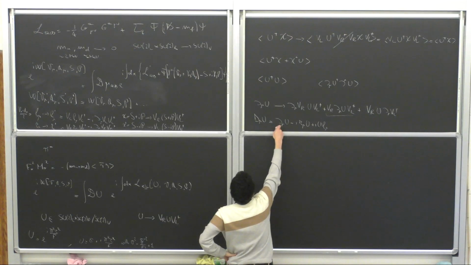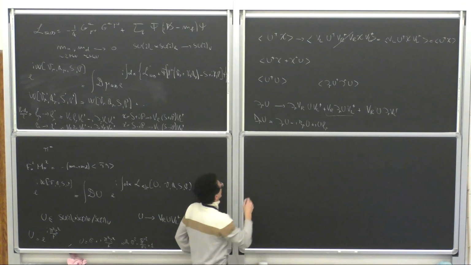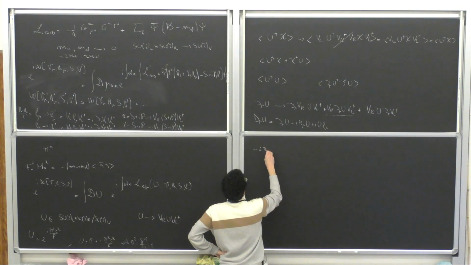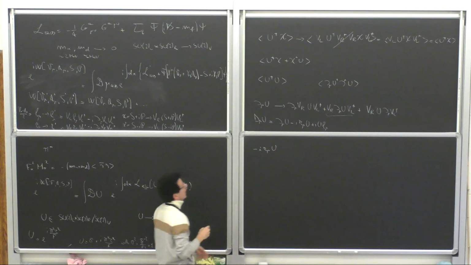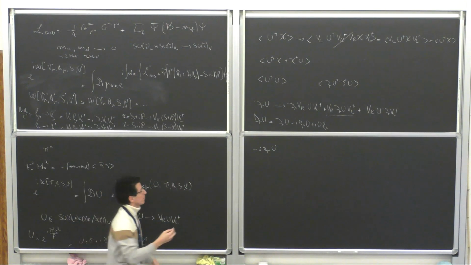So this D_μ U we just did above. We have to understand how this combination of terms transforms under the chiral symmetries.